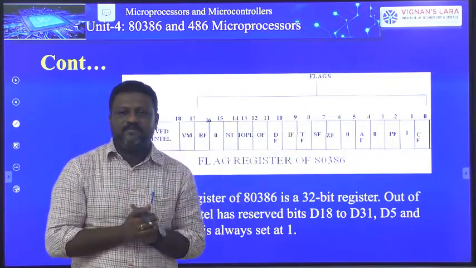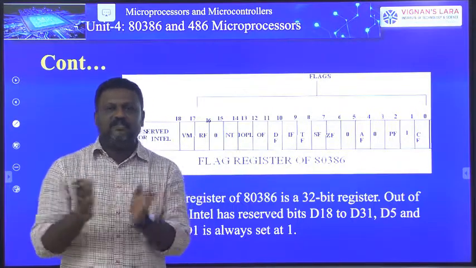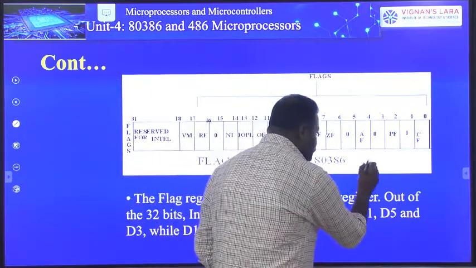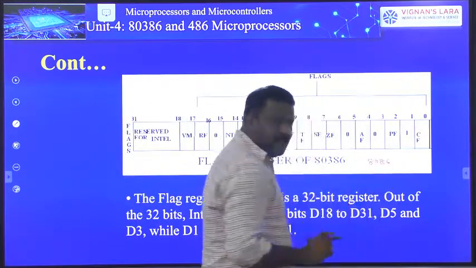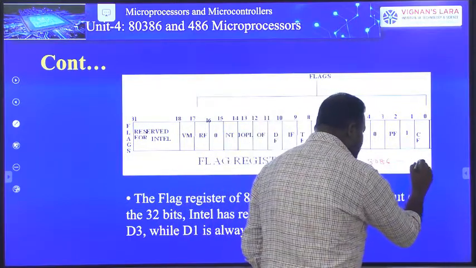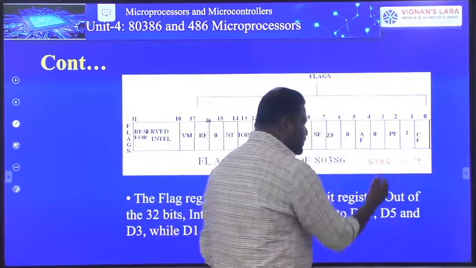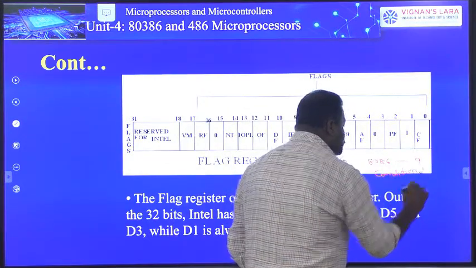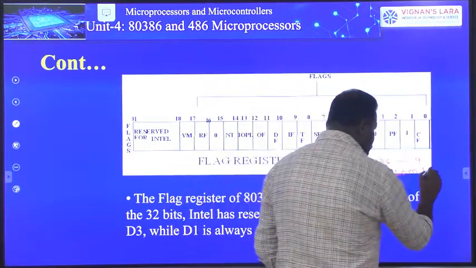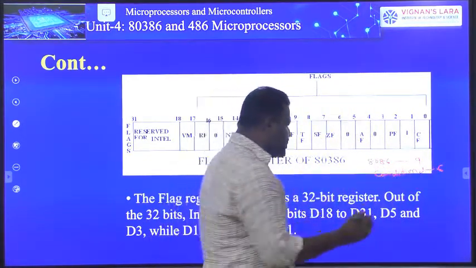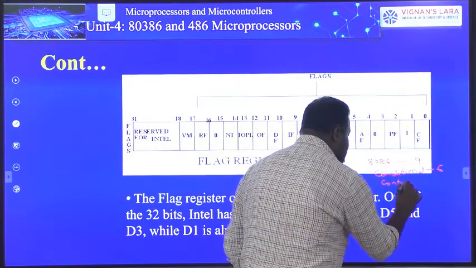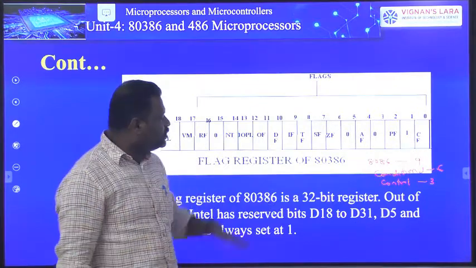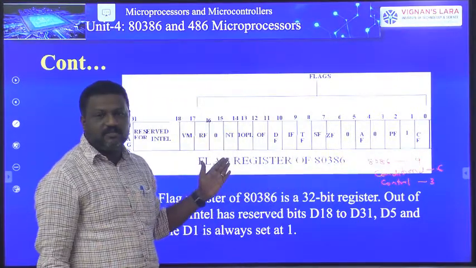The first group we call conditional flags, and the second group we call control flags. Under conditional flags you will find 6 flags, and under control flags the remaining 3 flags. Those 9 flags are present in the 80386.